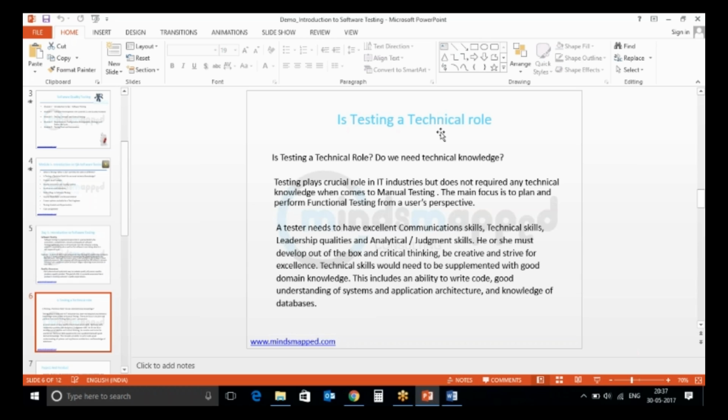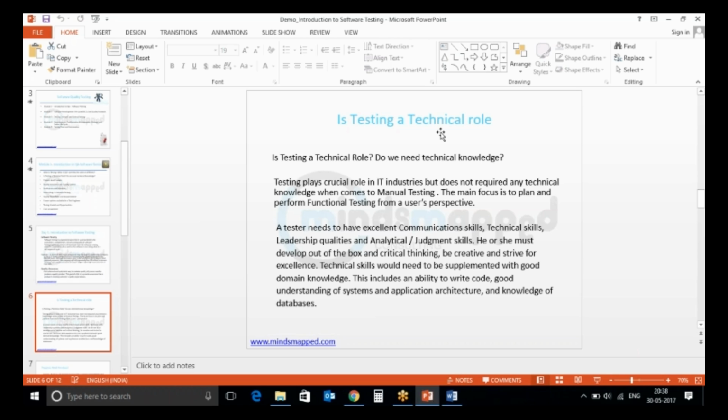When we talk about communication skills, you should be able to portray exactly what you are testing, how you're going to test it, and the different things that you're going to test.